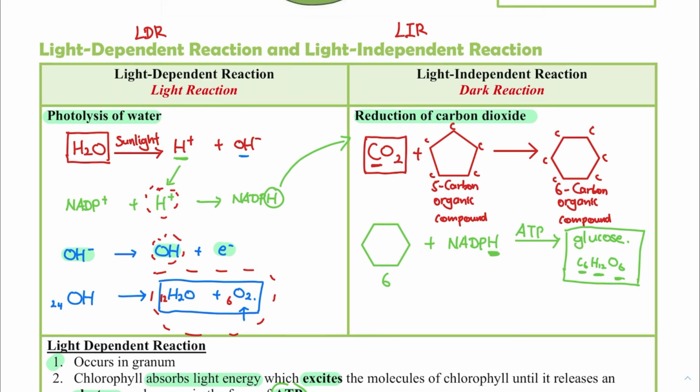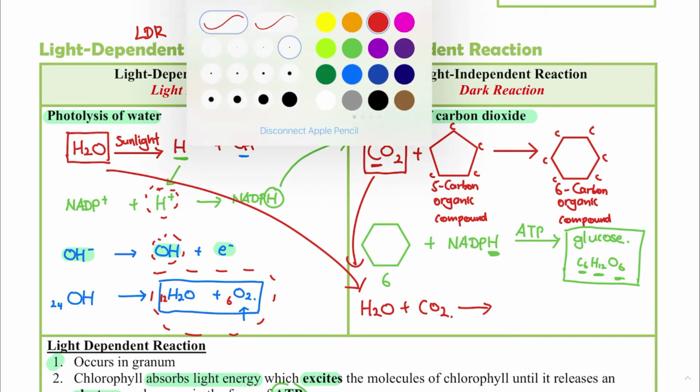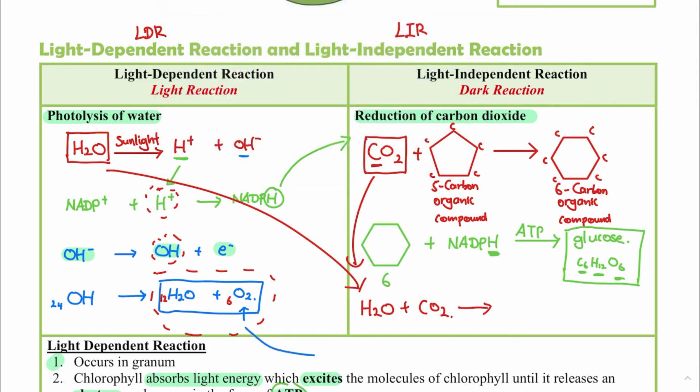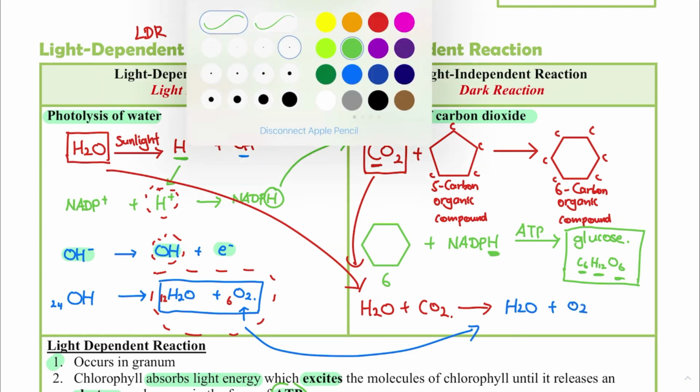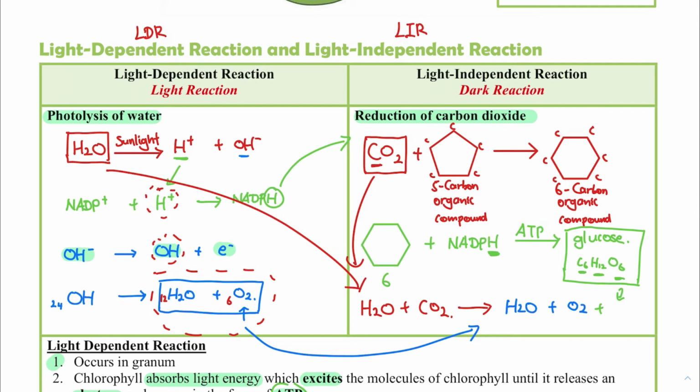So the red color boxes are basically the materials used. So water and carbon dioxide. Arrow. This is what I produce in the LDR, right? So I have water and oxygen, and of course, at the very end, glucose.